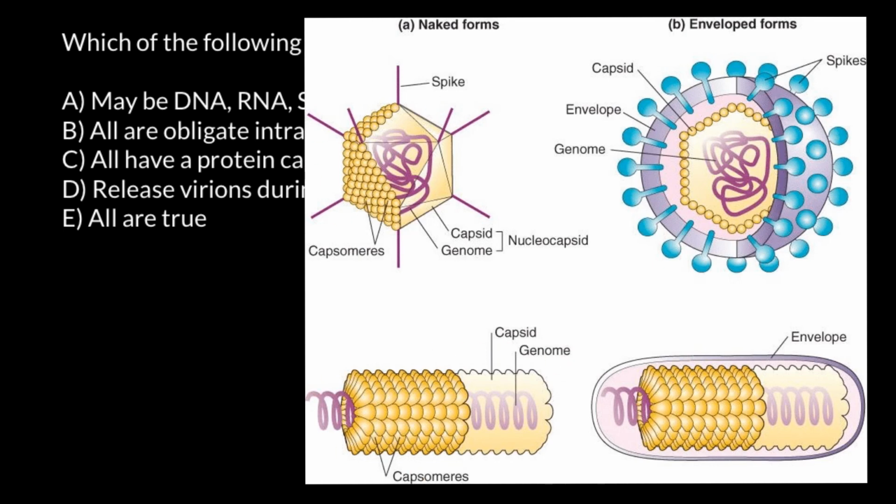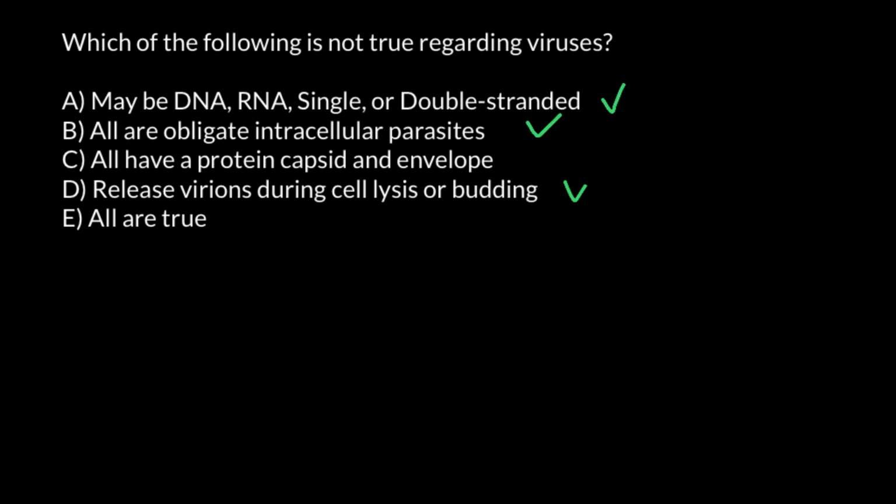So as you see, it is not necessary that a virus should have both protein capsid and envelope. It may have either protein capsid or envelope, some may have both of them, or sometimes just one of them. So as you see, the correct answer is answer C.